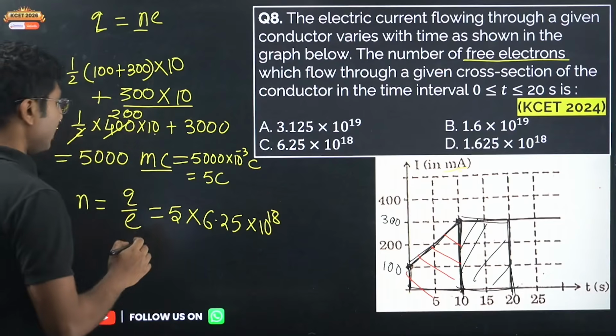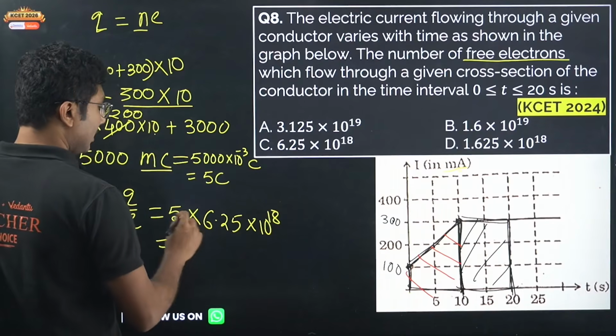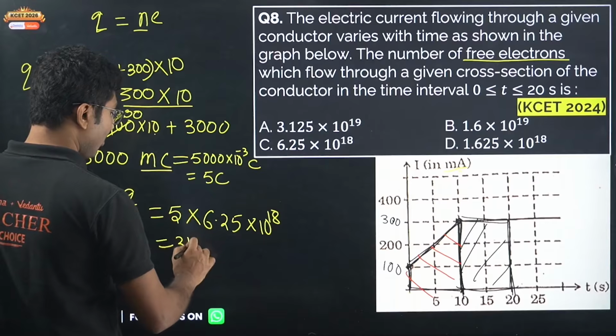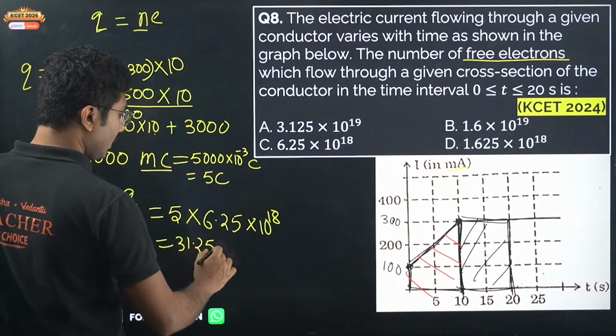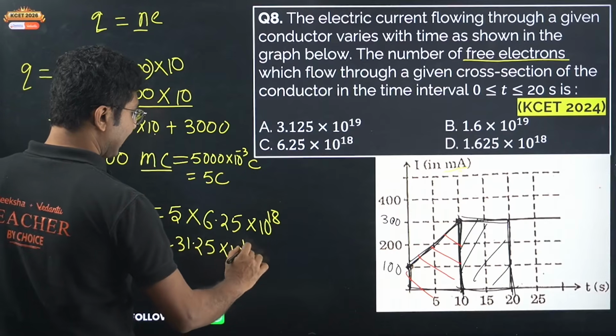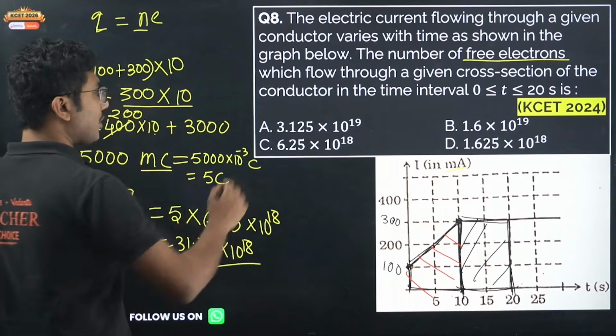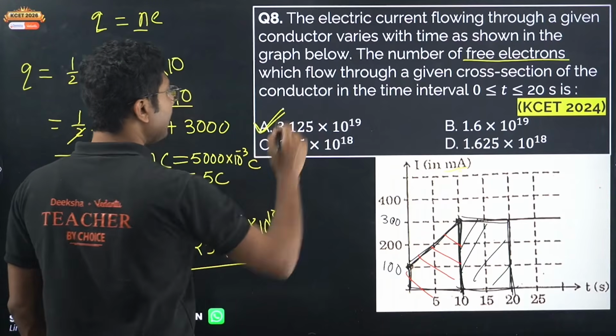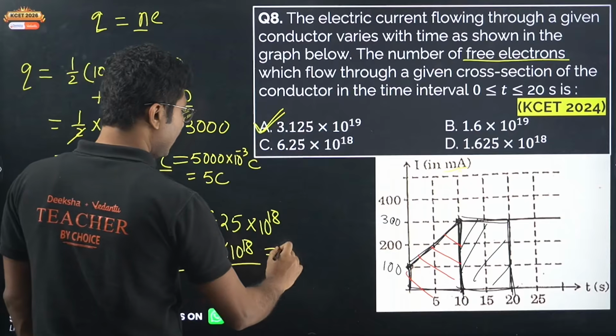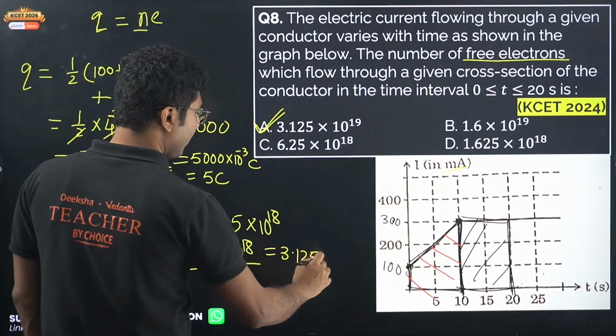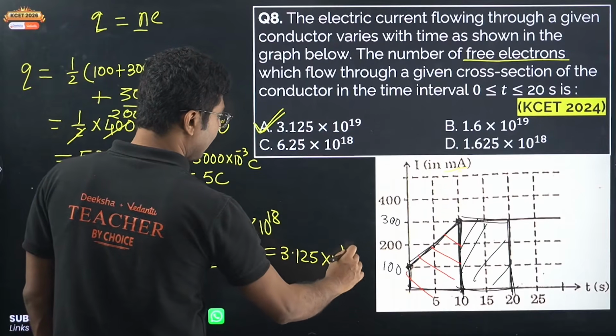This is a shortcut. So we get 31.25 into 10 to the power of 18. So what is the value? 31.25 into 10 to the power of 18, or 3.125 into 10 to the power of 19.